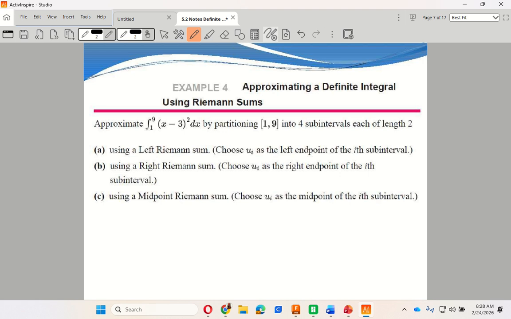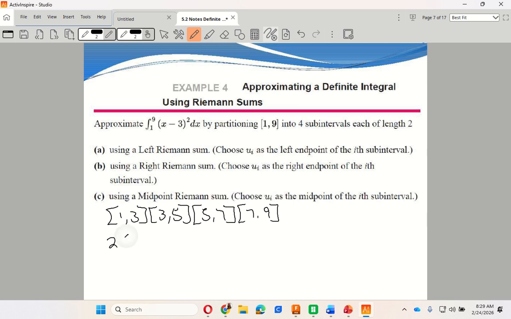So I cleared off everything. So if I'm starting over brand new, I'm going to start always by doing my intervals, which is 1, 3, 3, 5, 5, 7, 7, 9. So my delta x is 2.